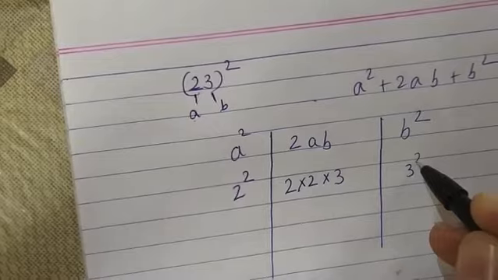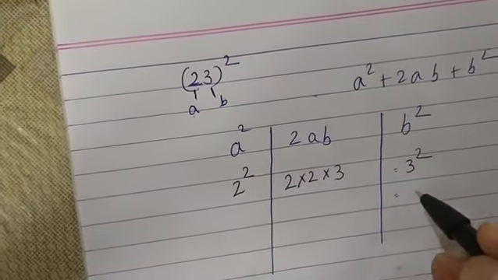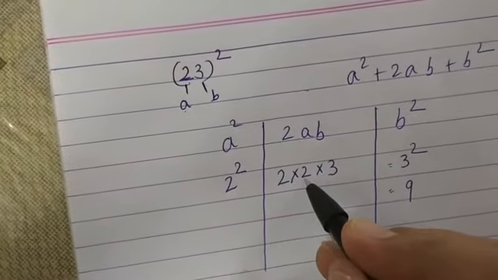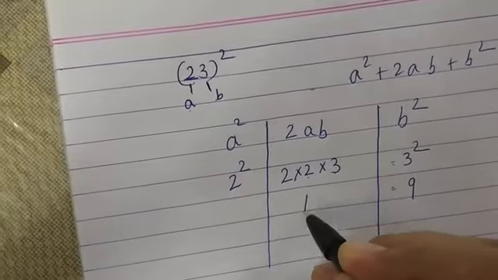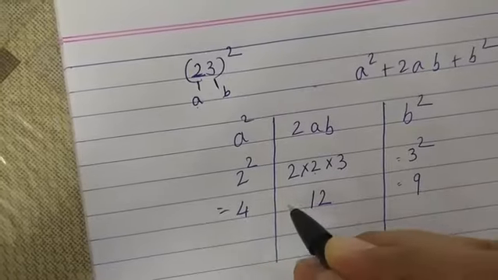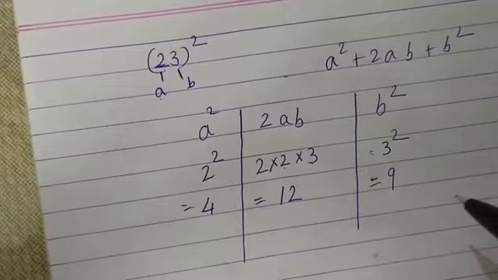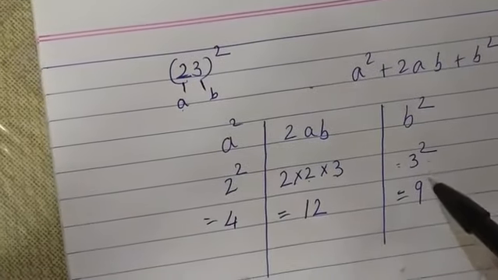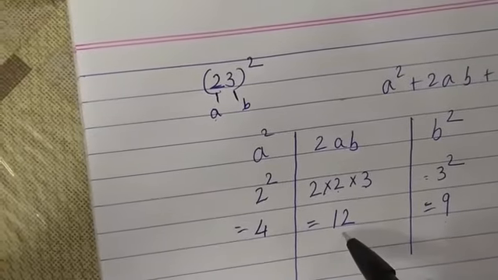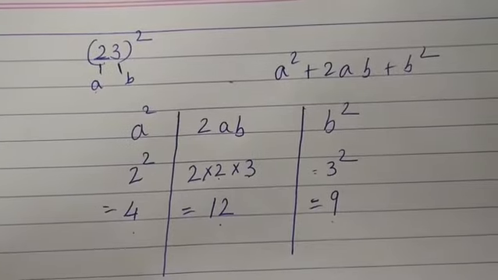Now this is 3 square. So this is equal to 9. And 2 2s are 4, 4 3s are 12, and this is equal to 4. Now here it is 9 in the third column, in the middle column it is 12, and in the first column it is 4.